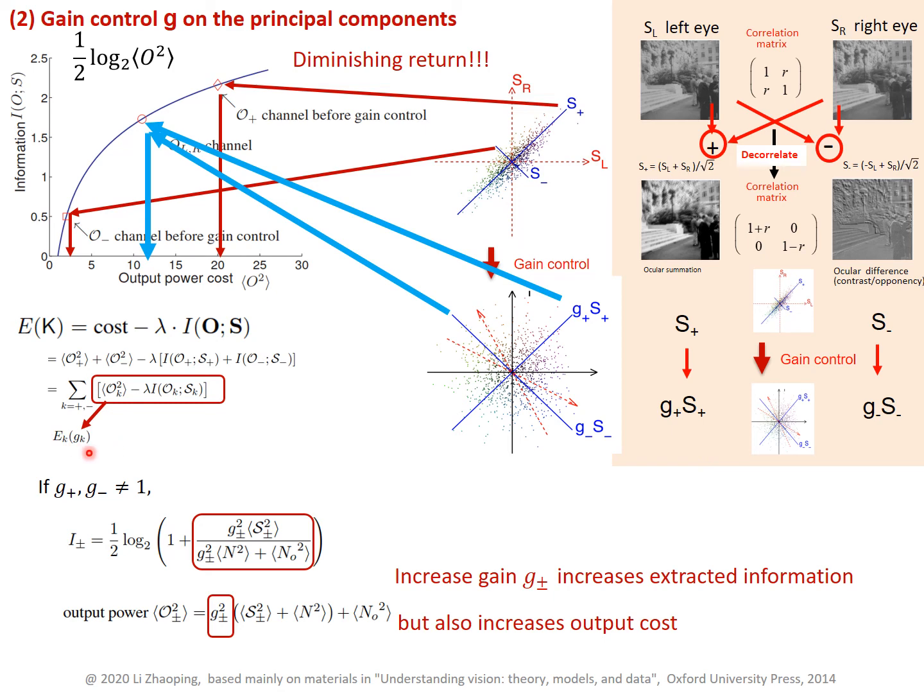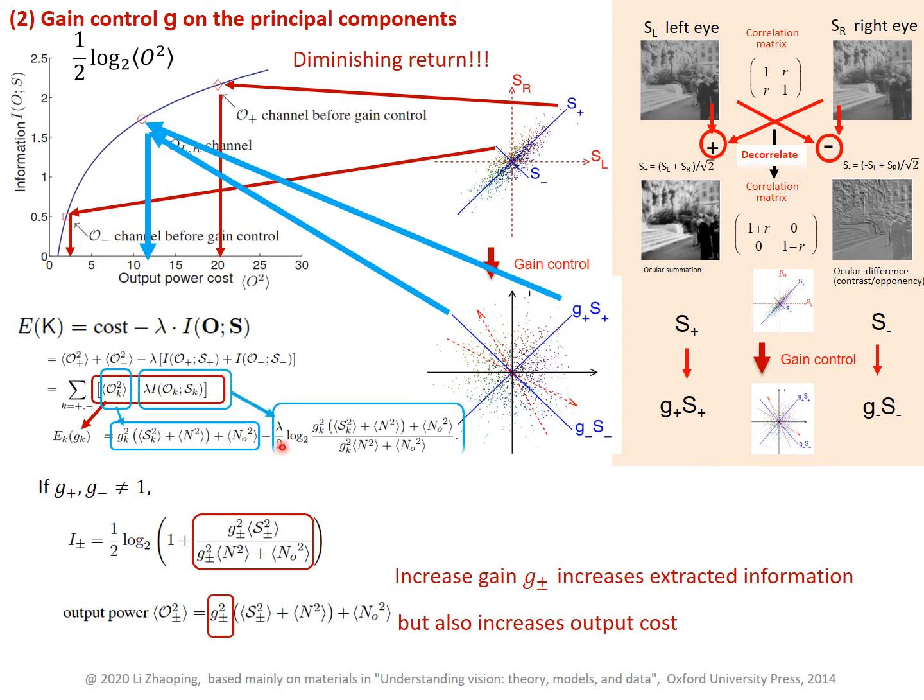This objective depends on GK, the gain in that channel, which has its own cost term and its own information term. You can see that this information term for each channel comes from this formula for the information, other than this lambda. This lambda comes from that lambda, so we can just ignore that. So this is the same as that.